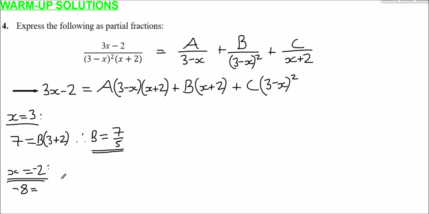So minus 8 equals c times 3 minus minus 2, which is 5, and 5 squared is 25. Divide both sides by 25, and we can see that c must be minus 8 over 25.